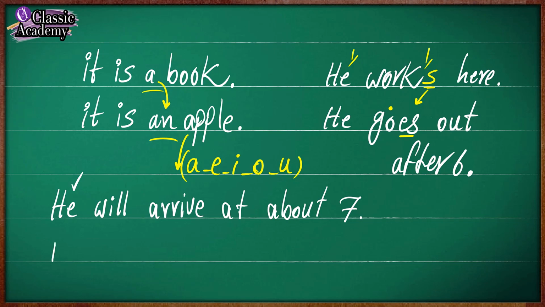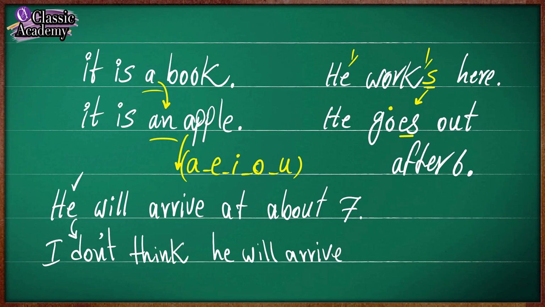Most of the time we try to change this sentence with a special form of native speakers' sentence: I don't think he will arrive at 7. You're going to make this will into a negative form, and most of the time you see that the native speakers try to use this.